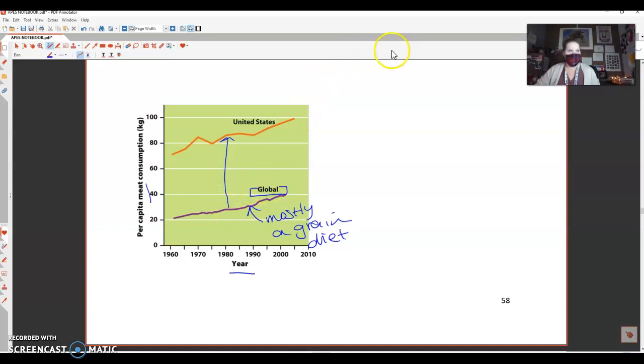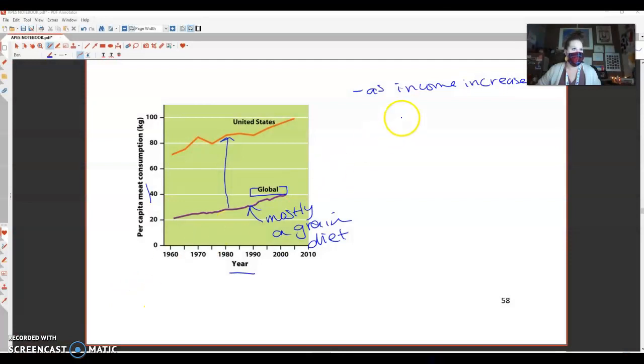Okay? So, as income increases, meat consumption increases.